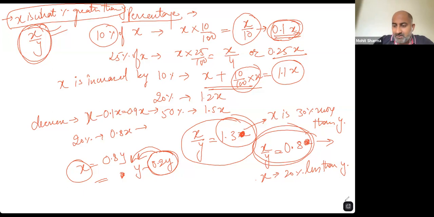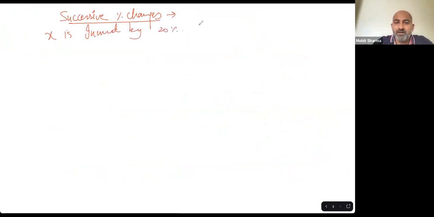Another thing, let's say if we have successive percentage changes. For example, X is increased by 20%. Then it is decreased by 30%, let's say. What would be the final change?